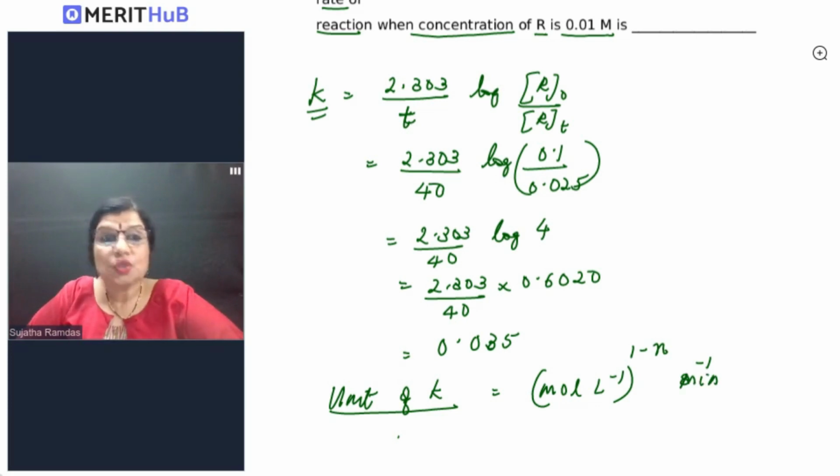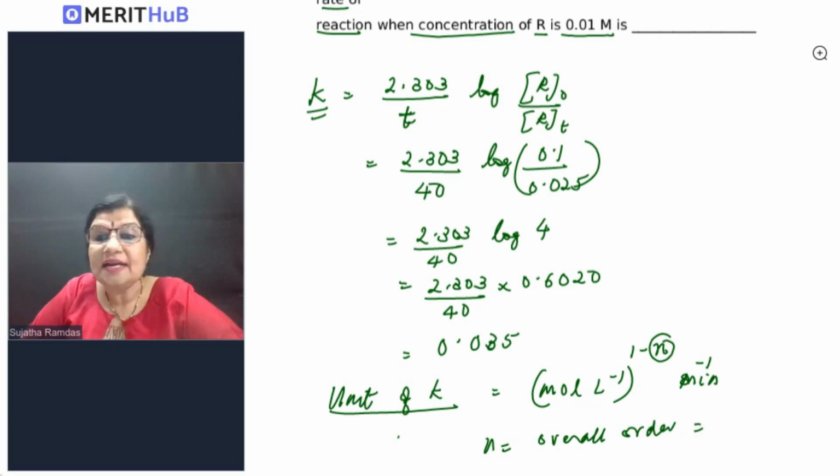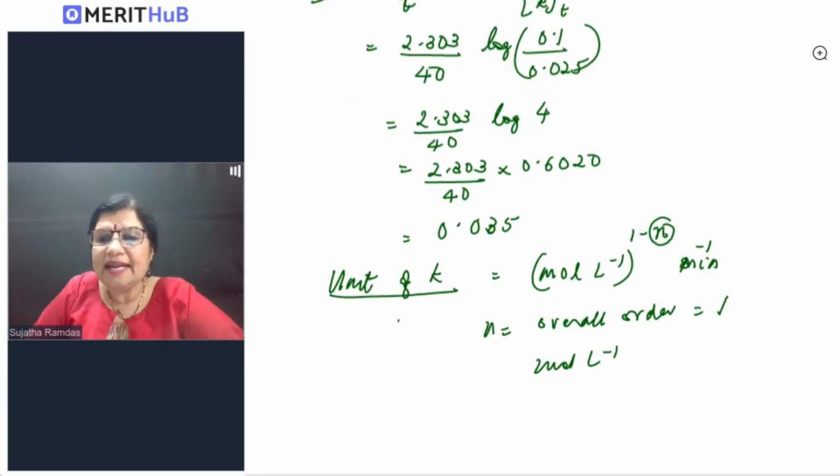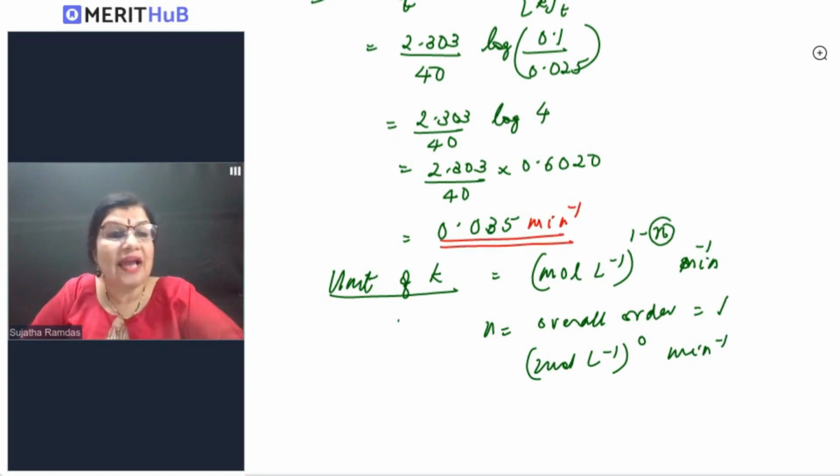So what does n stand for? n stands for the overall order of the reaction. And here it's a first order reaction. So moles per liter to the power of 0 per minute. So what is the unit of the rate constant for a first order reaction? Per minute. So this is the value of the rate constant k.